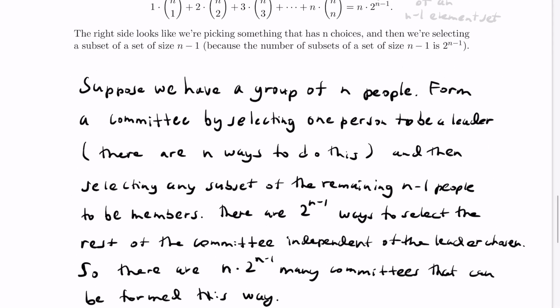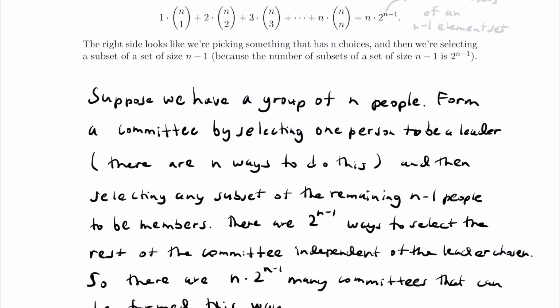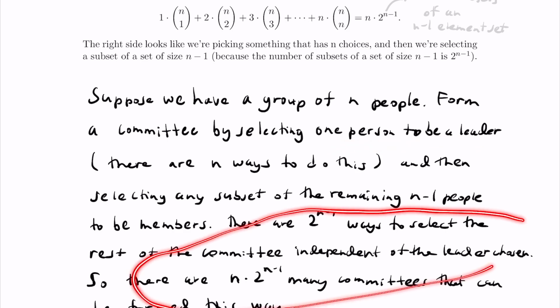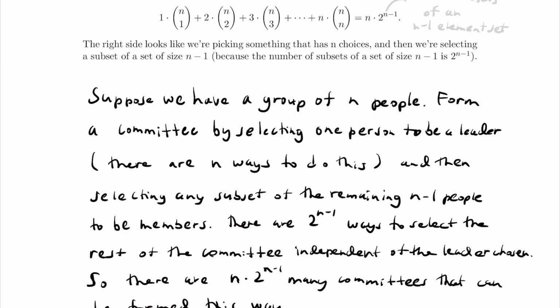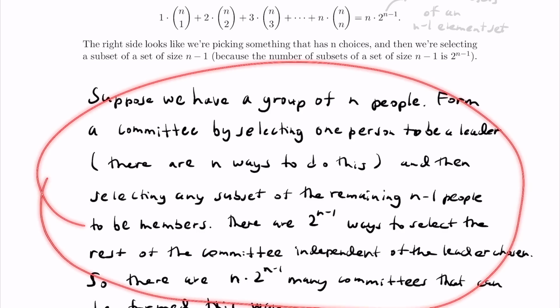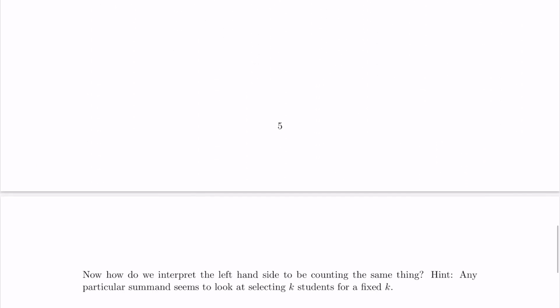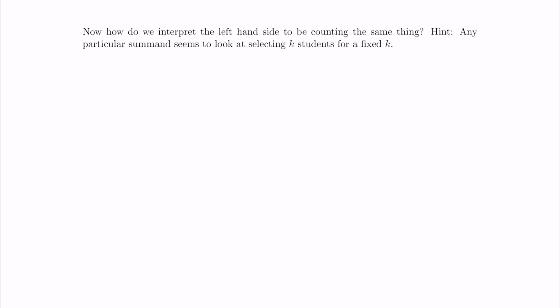Okay, so what we've done here is we've selected a committee by first selecting a leader and then subsequently selecting all of the other members. Now, a natural thing to do is, why not do this in the opposite direction? Pick the committee first and then select a leader. Now, because of the way that we did this, you always have to have a leader, so the committee size will always be at least 1.